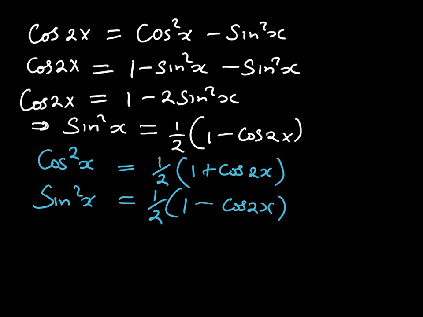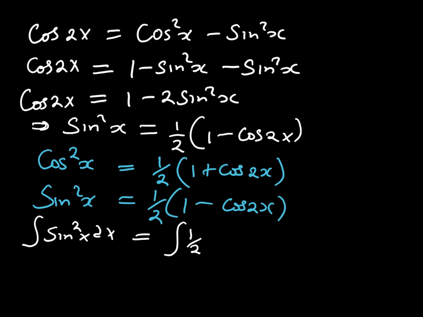So cos squared and sine squared have been expressed in terms of the cosine of double angles, and therefore, if we are asked to integrate sine squared x dx, what we do is just substitute for sine squared in terms of the cosine of double angles.